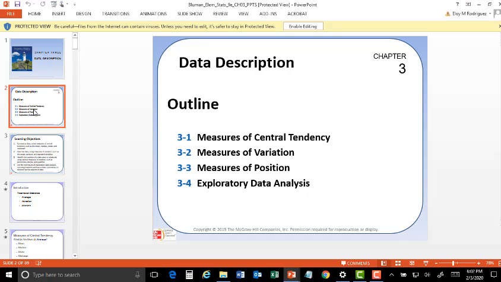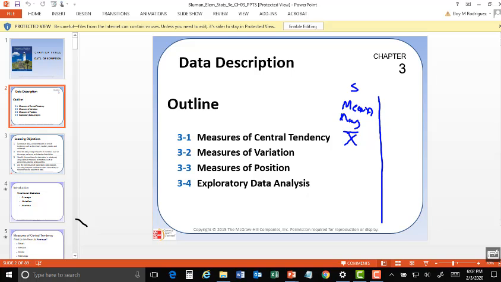These we've been going over. What's another word for a measure of central tendency? You got an X bar, which means average, which means mean. And that would be for the sample side. On the population side, we have mu, the parameter. Okay, and then measure of variation.